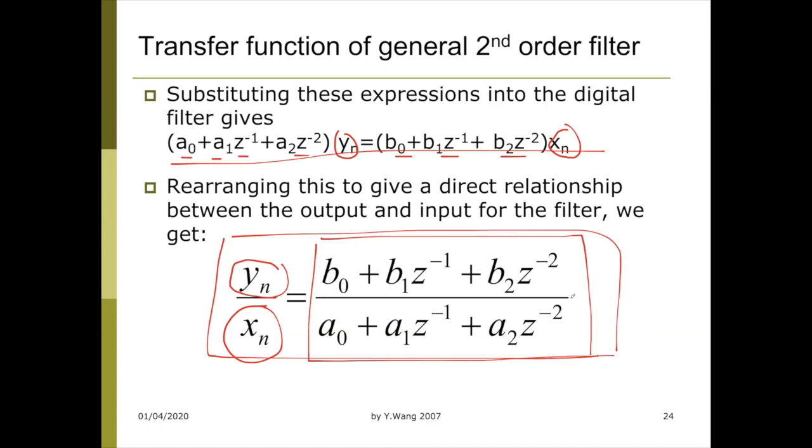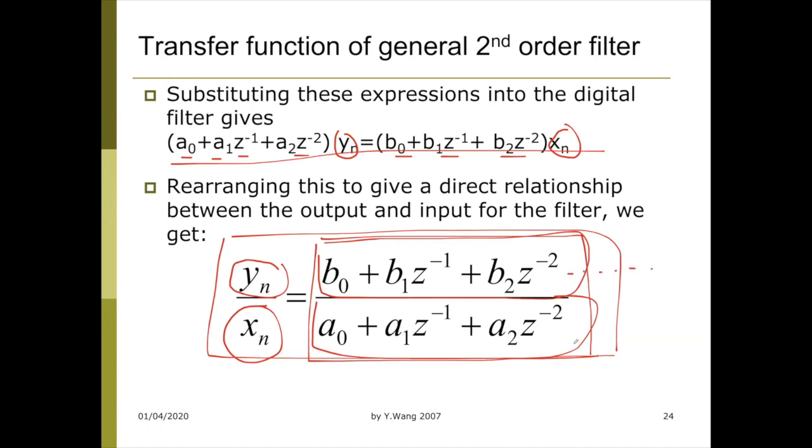So in this case, the digital filter can be decided by an expression which takes the form of a fraction, with a numerator part and a denominator part. The numerator is in terms of b0 plus b1 z to the power minus 1 plus b2 z to the power minus 2, and so on.